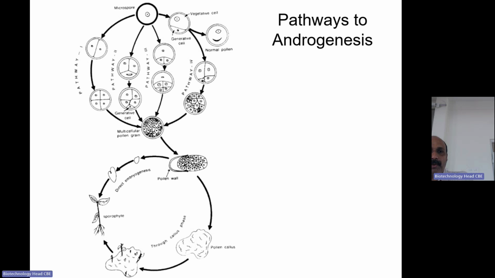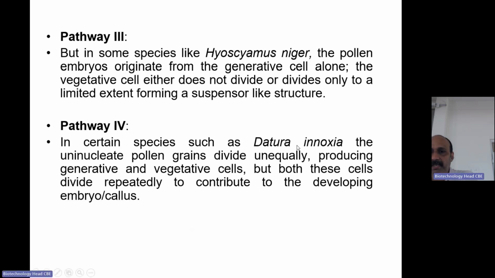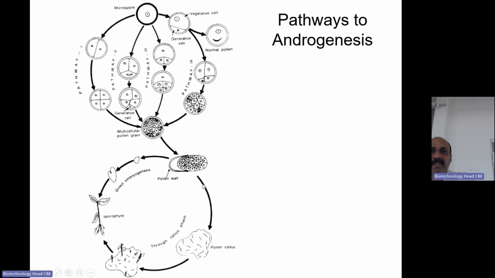And pathway 4, again in Datura, the uninucleate pollen grains divide unequally, producing generative and vegetative cells. Both these cells divide repeatedly, giving rise to unequal numbers and unequal sizes of cells, which contribute to the developing embryo or callus.